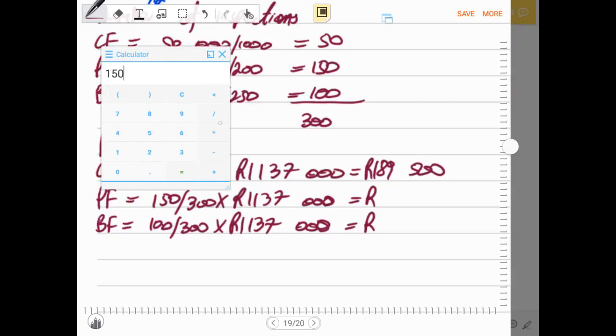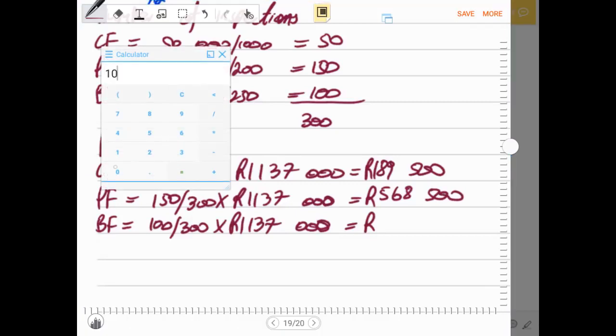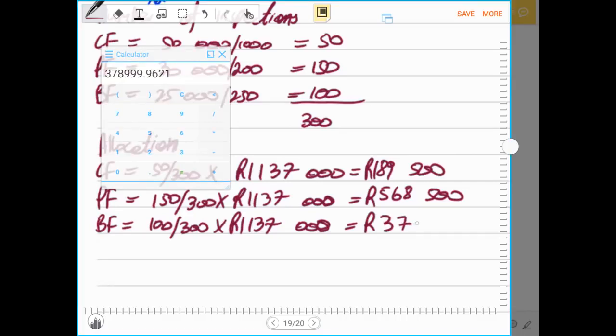Next one, 150 divided by 300 times 1,137,000, which is half: 568,500. 100 divided by 300 times 1,137,000 is 379,000, rounded off to the whole number.